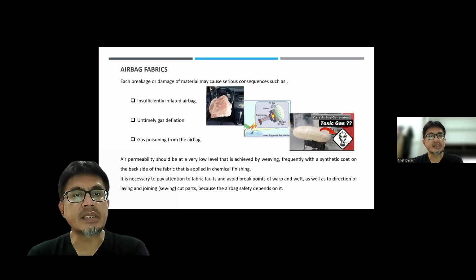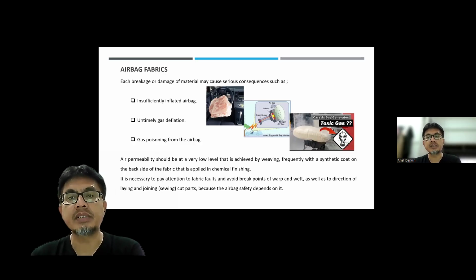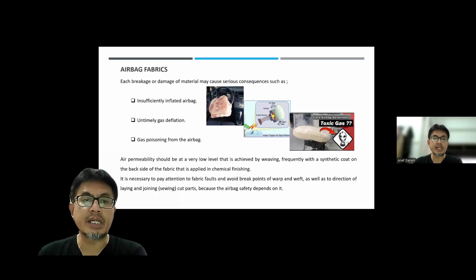For the airbag fabrics, each breakage or damage of material may cause serious consequences, such as an insufficiently inflated airbag or untimely gas deflation, and also gas poisoning from the airbag itself.